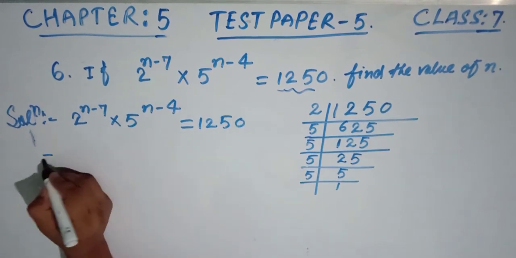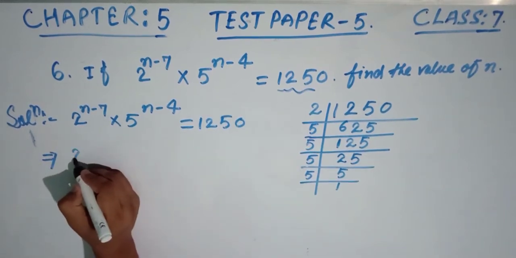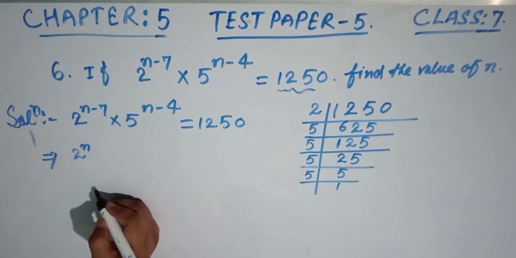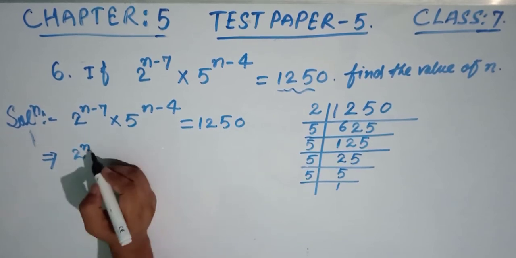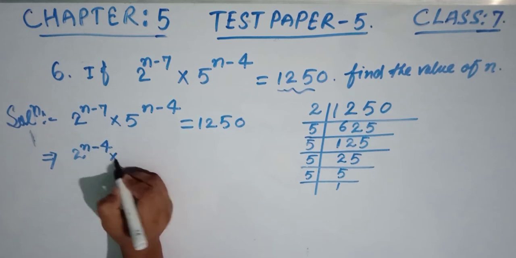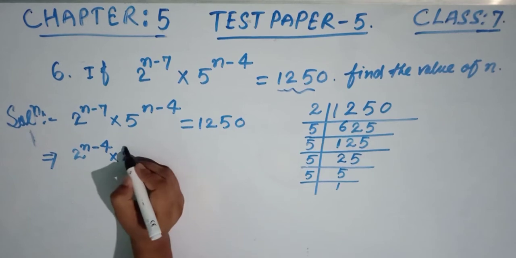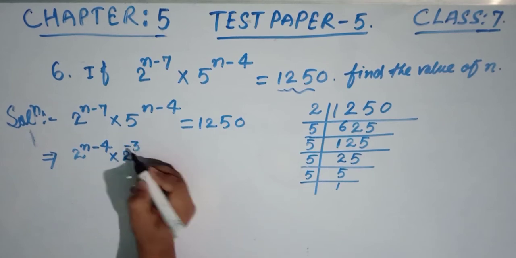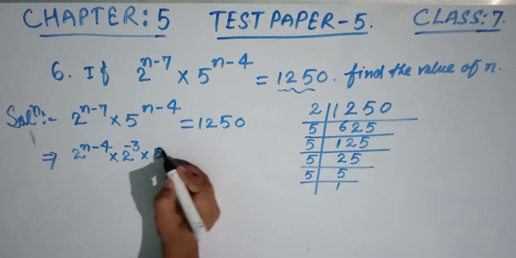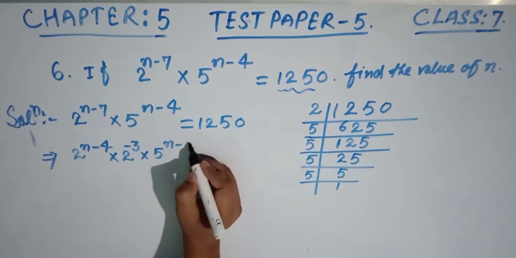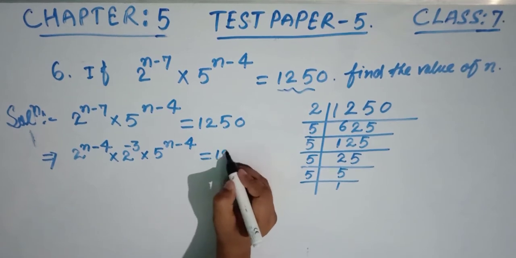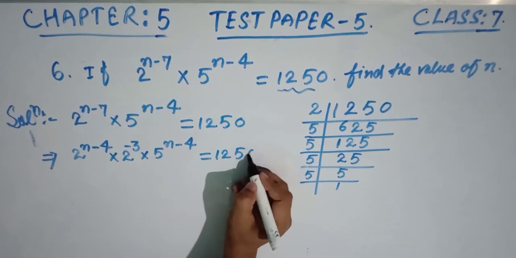Now see friends, 2 raised to the power n minus 4 and multiply by 2 raised to the power minus 3 friends. Now let me take a minute to make you understand. And 5 raised to the power n minus 4, this is equal to friends 1250.